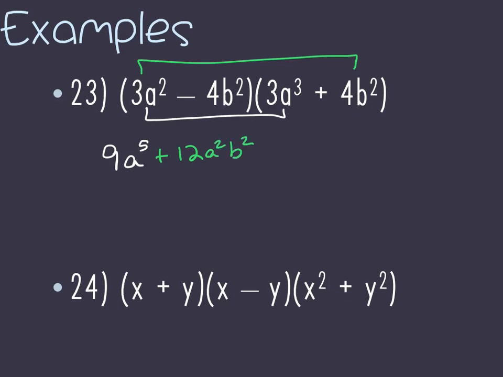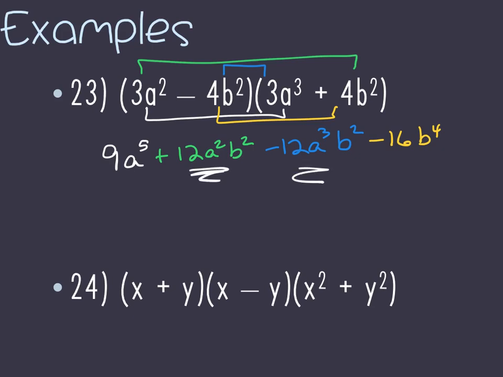The inside gives me negative 12a cubed b squared. And then last gives me negative 16b to the 4th. Now, notice these 2 middle ones. These are not like terms, so you can't combine them. This has an a cubed, this has an a squared. So this is the final answer here.